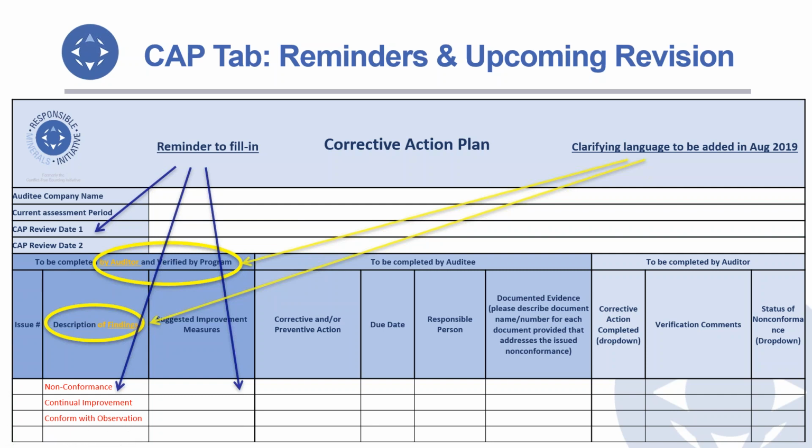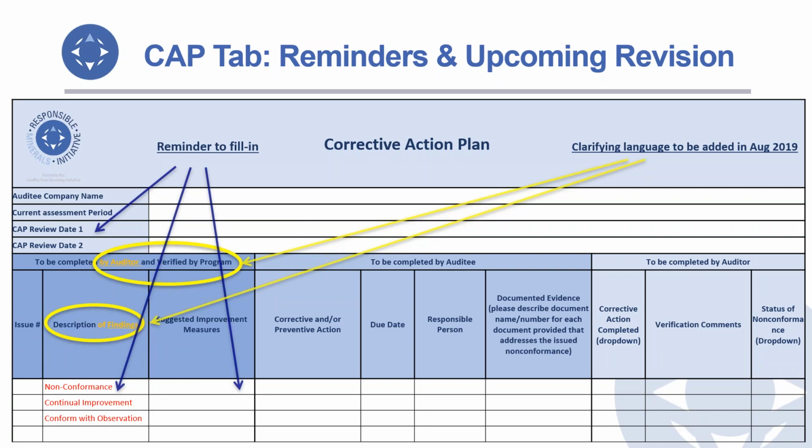Please also remember to fill in the suggested improvement measures section as well. For the CAP review, auditors do need to fill in the date of the CAP review on the CAP tab pointed out here. And also, it's important for the CAP review to focus on nonconformances.